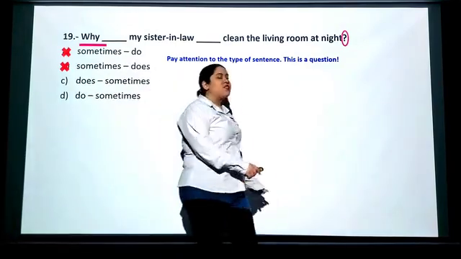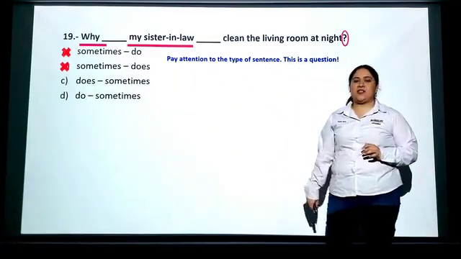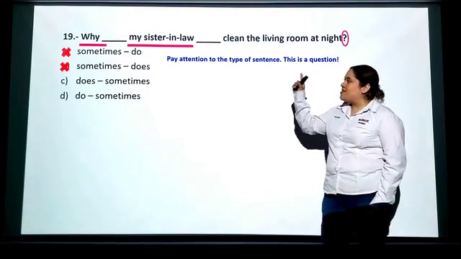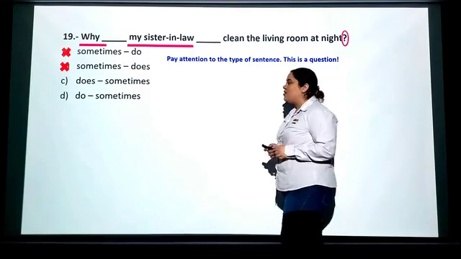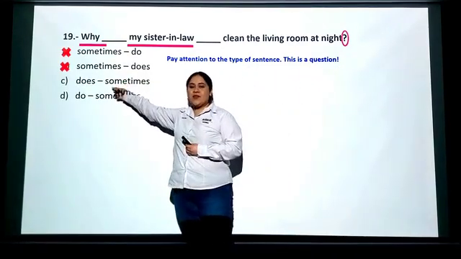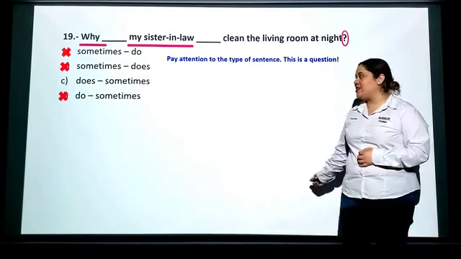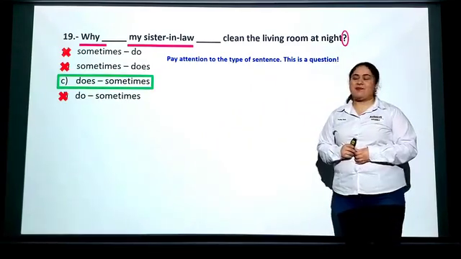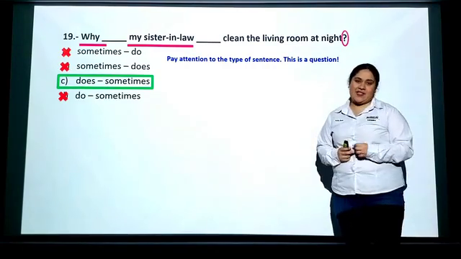Okay. So now, if you pay closer attention to this, you see my sister-in-law. So my sister-in-law, that would be she. For she, do you use does or do you use do? We use does, so we eliminate this one and choose that one. Why does my sister-in-law sometimes clean the room at night?